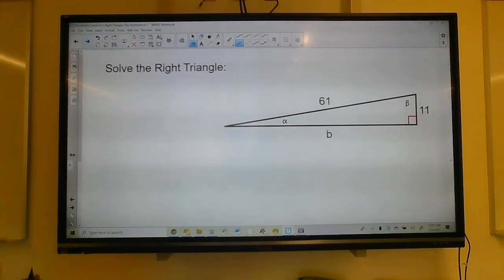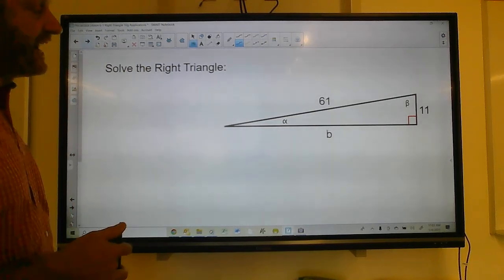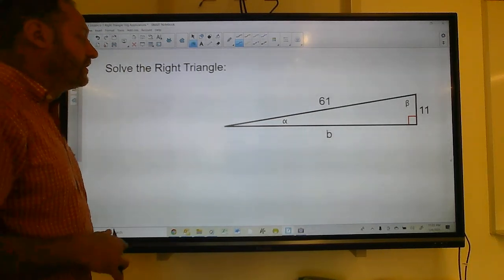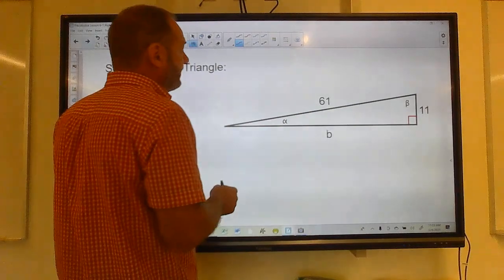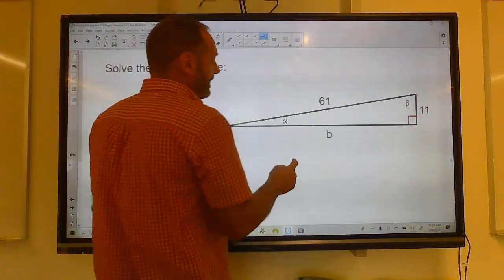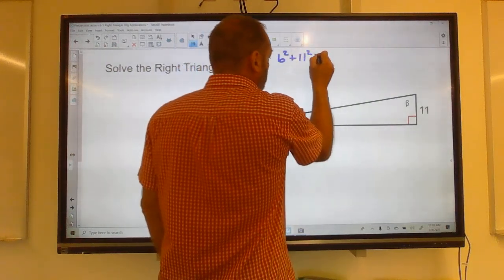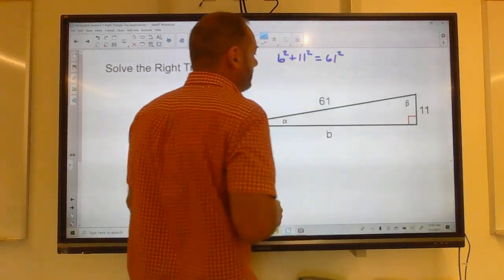Solve this right triangle. Now the last one, I knew 2 angles and I had 1 side. This one I knew 2 sides and I have 1 angle. Okay, so the first thing I'm going to do is, I have 2 sides, I'm going to use the Pythagorean theorem to find b. Okay, so b squared plus 11 squared equals 61 squared.